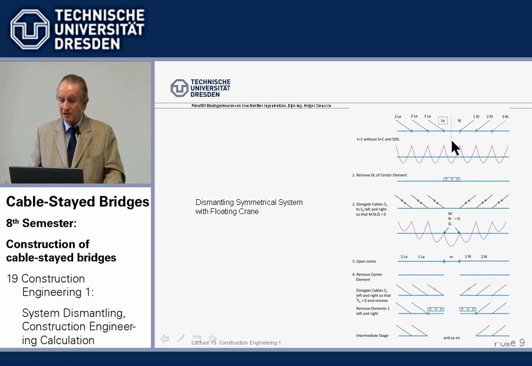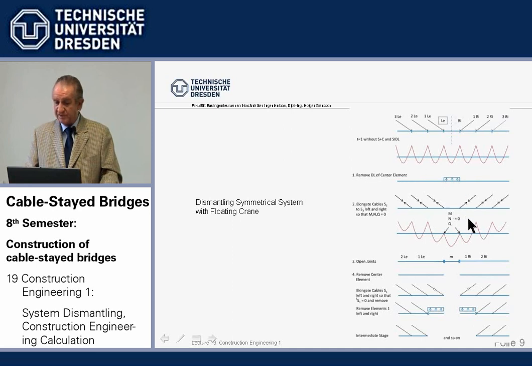Now, to take out this piece, we have to make the moment, normal force and shear on each side zero. Only then can we take it out. How do we do it? First of all, we take out the dead weight. But in this case, since it's a continuous system, we have here some remaining moments left, which we also have to make zero.